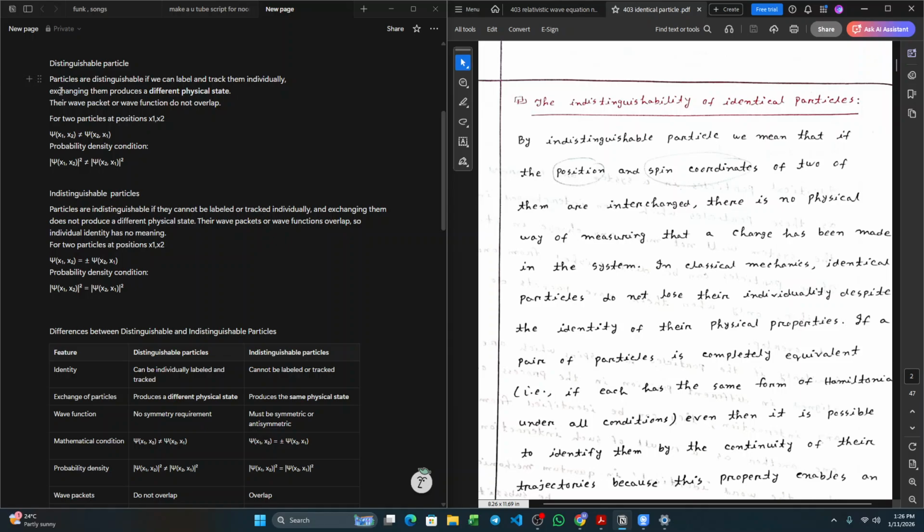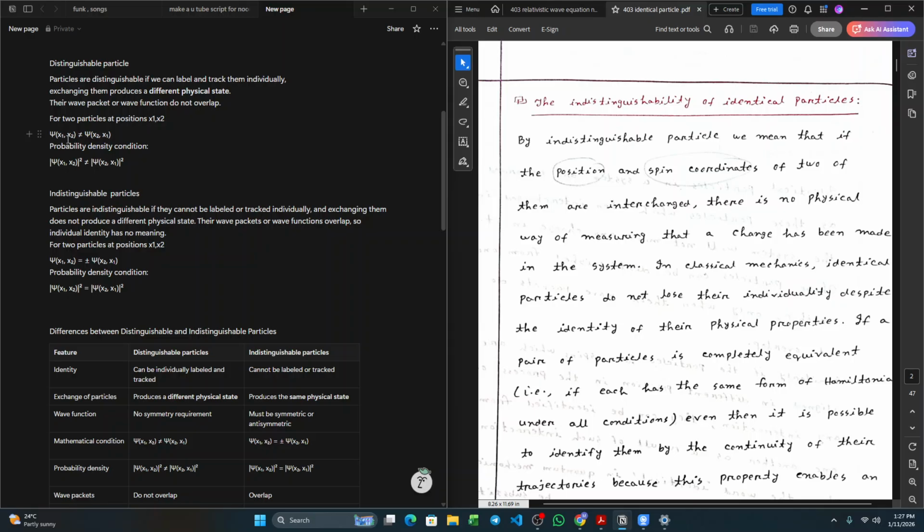Let me explain this line. If we take two particles at position x1 and position x2, then the overall wave function of that system is ψ(x1, x2).